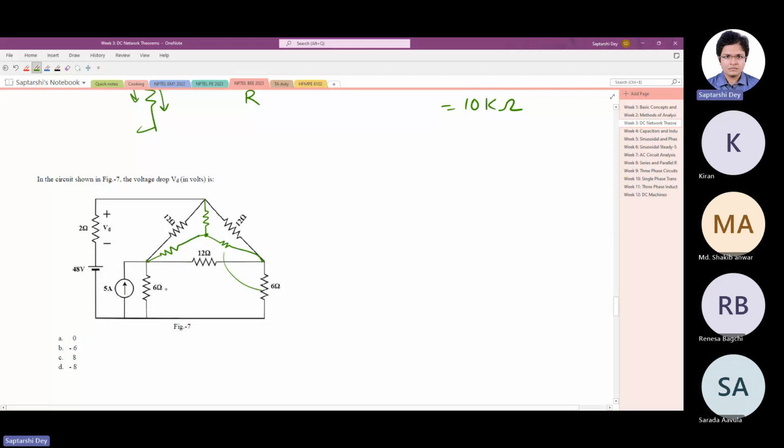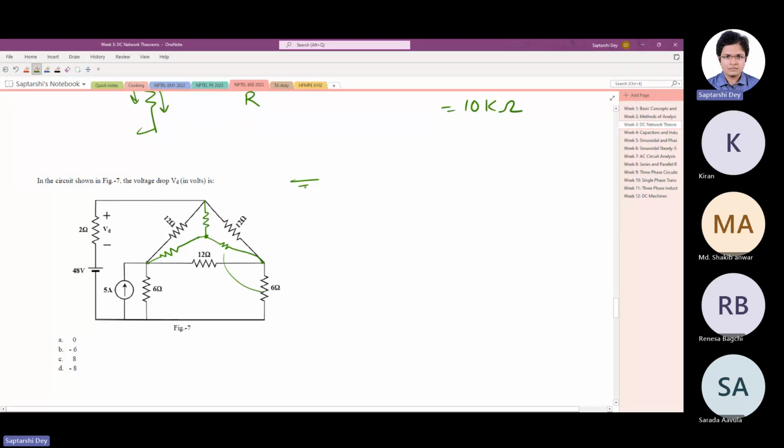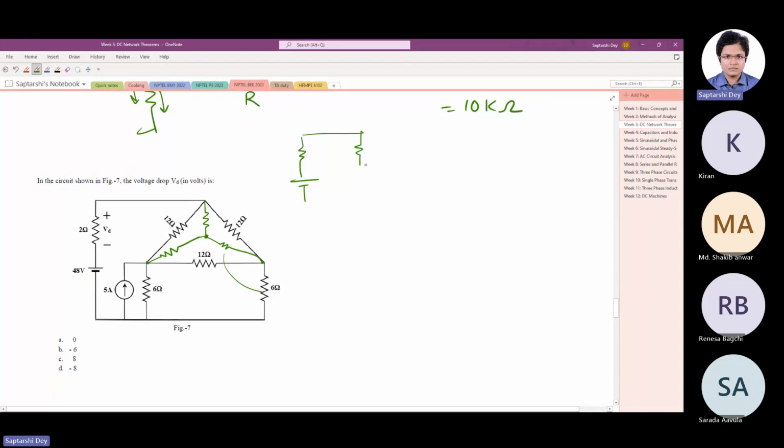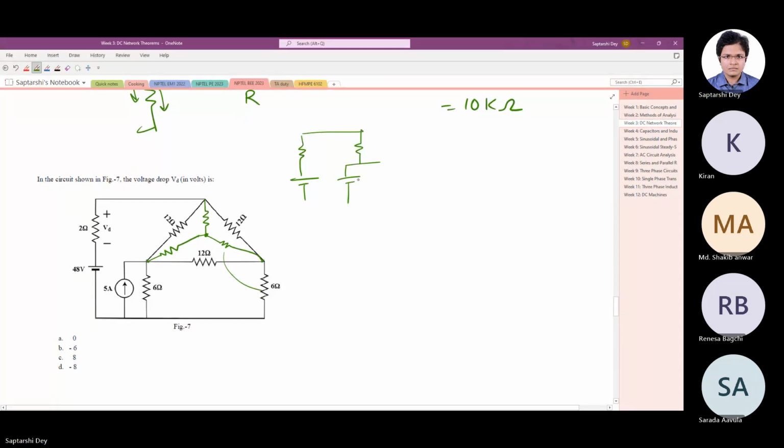Then I can write this as voltage source and resistance, and they come into series. Then this will become something like this. One resistance will come.